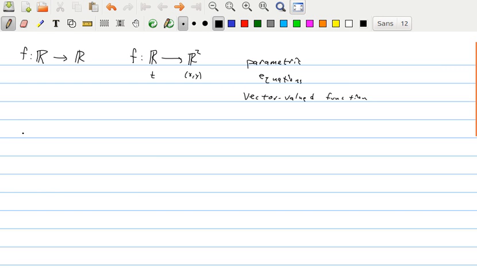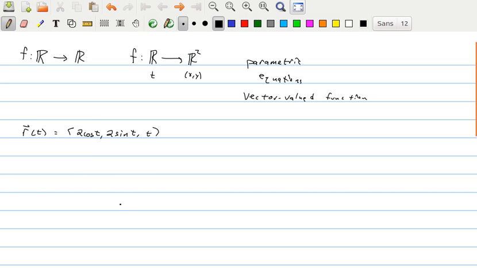Let's say we have the function r of t. Now we denote this r with a vector over the top, indicating that the value we get out in the range is a vector. So let's say this is 2 cosine t, 2 sine t, and t.